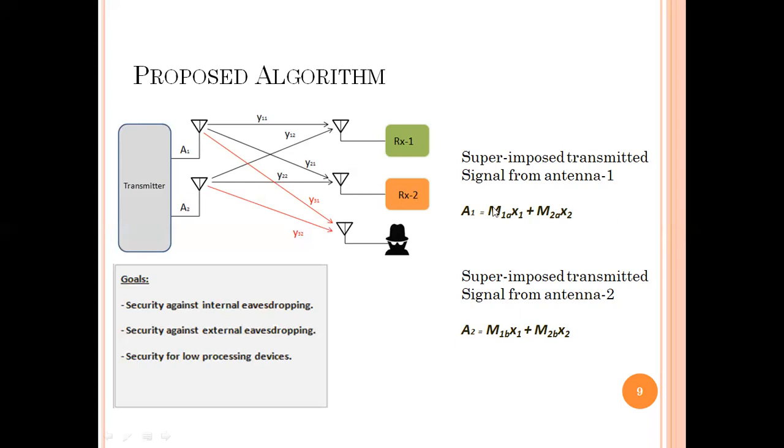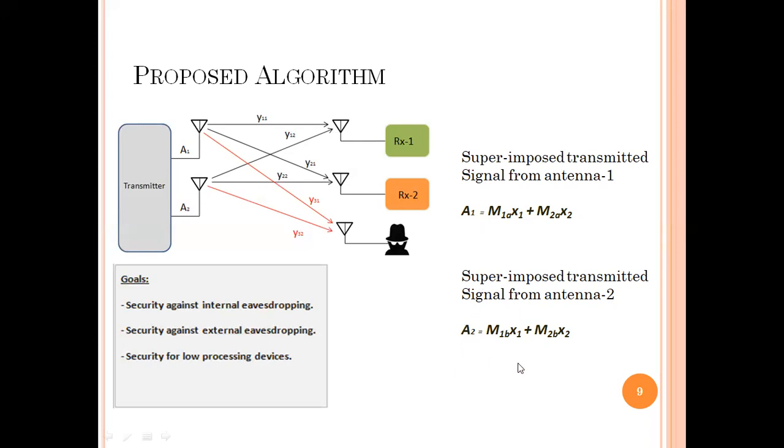This is the transmitted signal, M1A the precoder, X1 the transmitted data packet. So the superimposed precoder with the data packet of user 1, and the data packet of user 2 with its respective precoder, sent combinedly from antenna 1, can be written as follows.